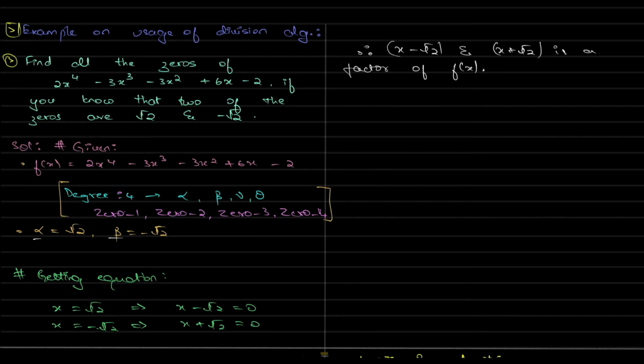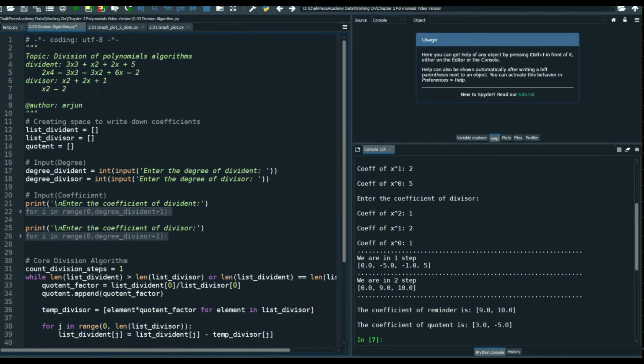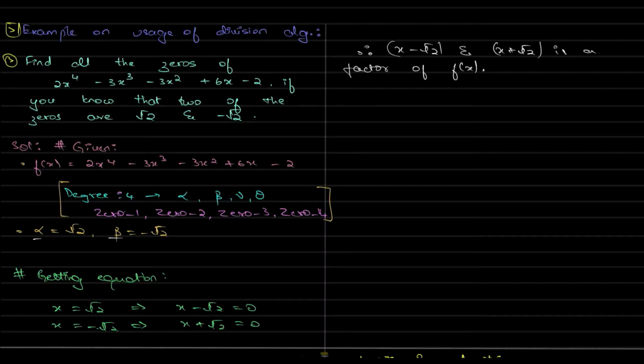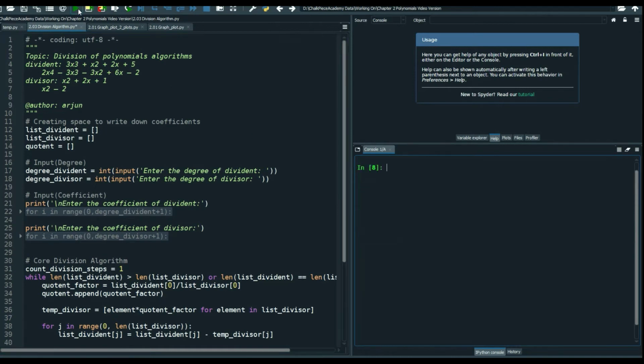Let us use our division algorithm and do that. I have it already over here, so let me execute it.